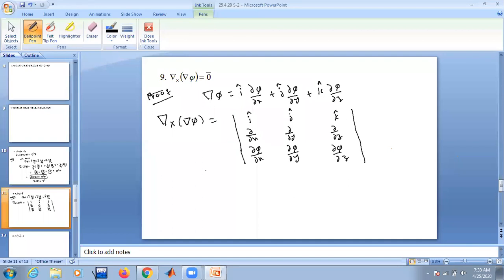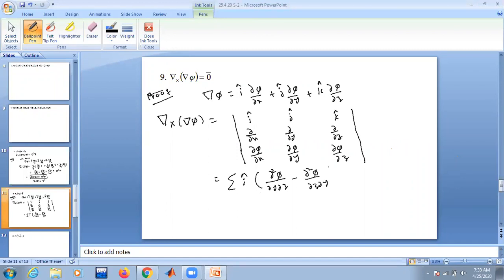So this I can write as summation i bar into, apply dou by dou y on this. When you apply dou by dou y on dou phi by dou z, what do you get? Dou square phi by dou y dou z, minus, when you apply dou by dou z on dou phi by dou y, dou square phi by dou z dou y.